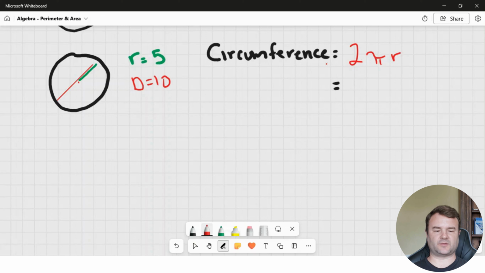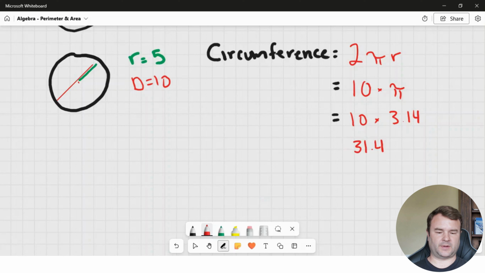So 2 times the radius, so 2 times 5 is 10 times pi, or 10 times 3.14, which is good enough, or it's basically 31.4 units. So the circumference, or the distance around this circle, is 31.4 units.